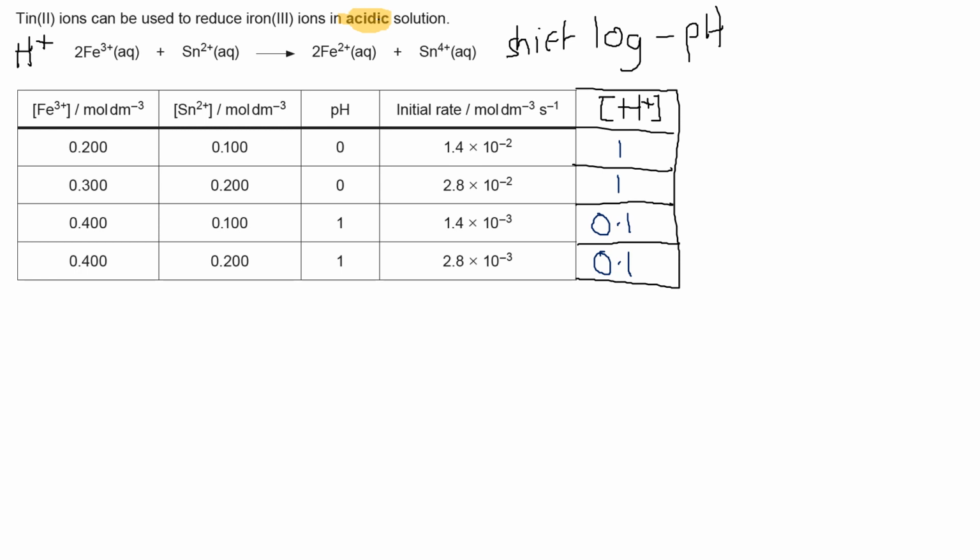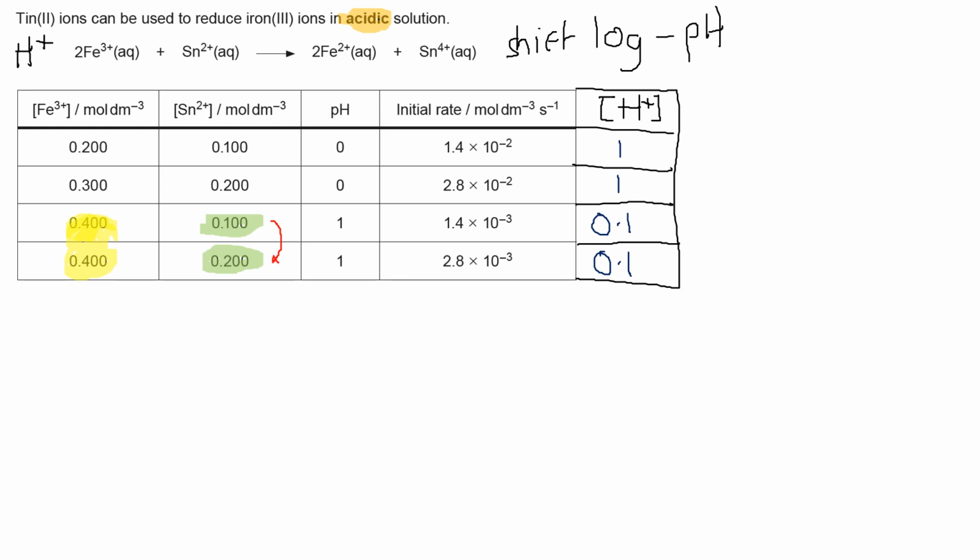I am going to start by looking at experiments 3 and 4. In experiments 3 and 4, the concentration of the Fe3+ is constant. The concentration of the tin goes from 0.1 to 0.2.